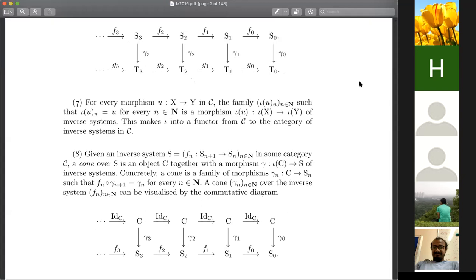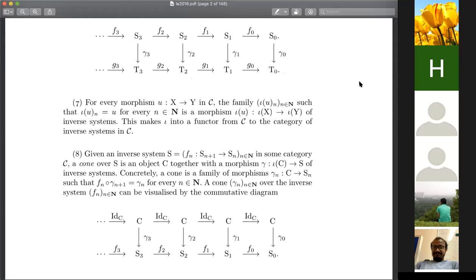Of course, both these inverse systems have to be inverse systems of the same kind of objects, inverse systems of sets or groups or rings or topological spaces or anything as the case may be. So basically the Si's and the Ti's should be the same kind of objects.